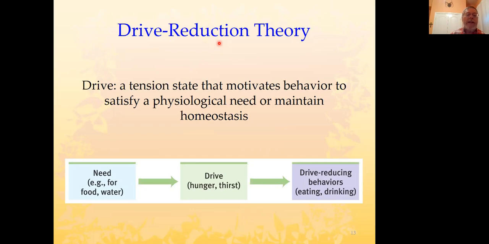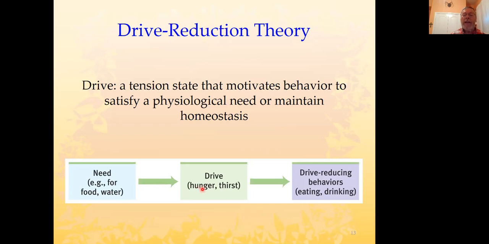But when there is something lacking, or when things are out of balance, then this produces a drive, this tension state that gets us to do something to put things right in terms of that physiological need or homeostasis. So, for example, when we don't have enough energy in our bloodstream, then areas of our brain, in great part in the hypothalamus, will detect that.